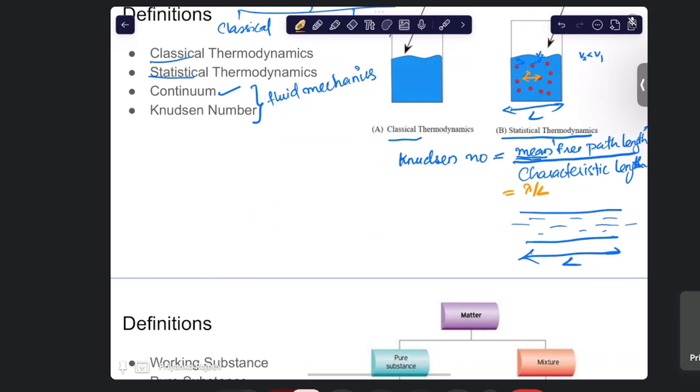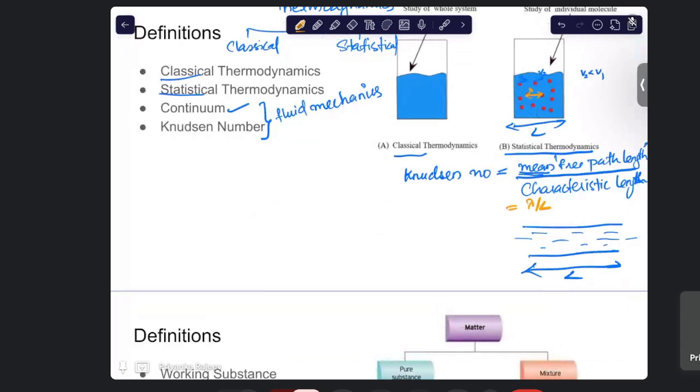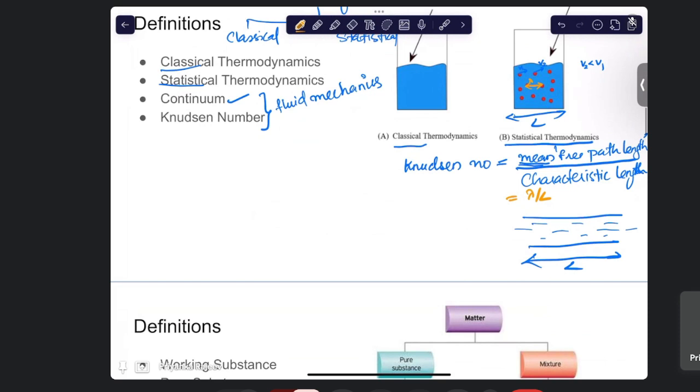But when we are talking about a very small characteristic length, maybe a very tiny system, then this molecular motion will be very prominent; you cannot neglect it. If the characteristic length is micrometers, or 10 raised to minus 8 meters, then 10 raised to minus 10 is not a small number.